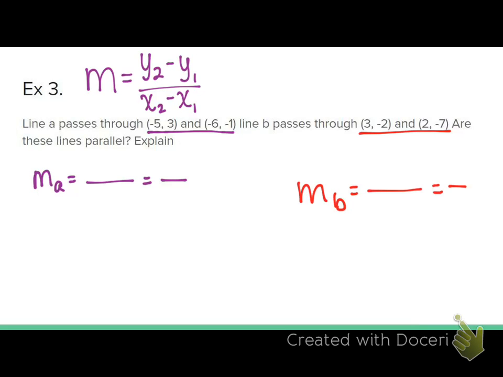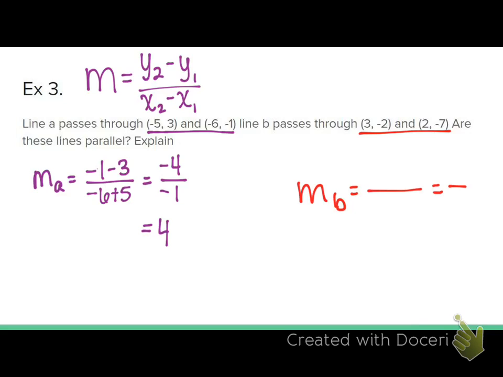In order to find the slope of line A, what did we plug into our numerator? Negative 1 minus 3 over? Negative 6 plus 5. In our numerator we got negative over negative equals a positive.